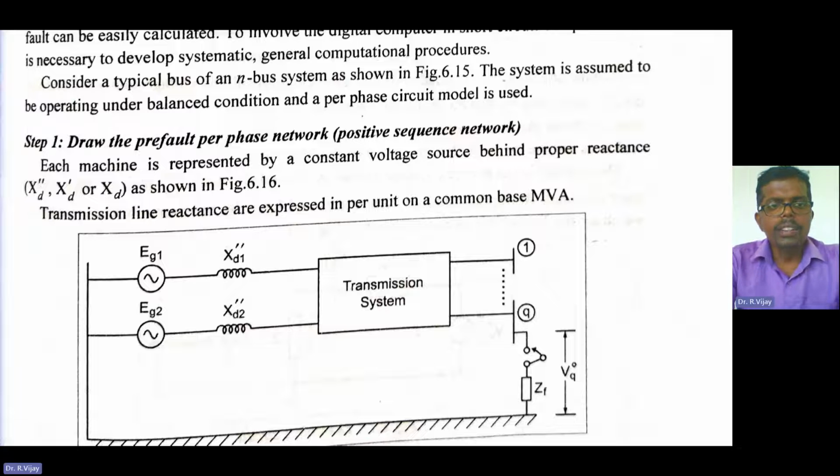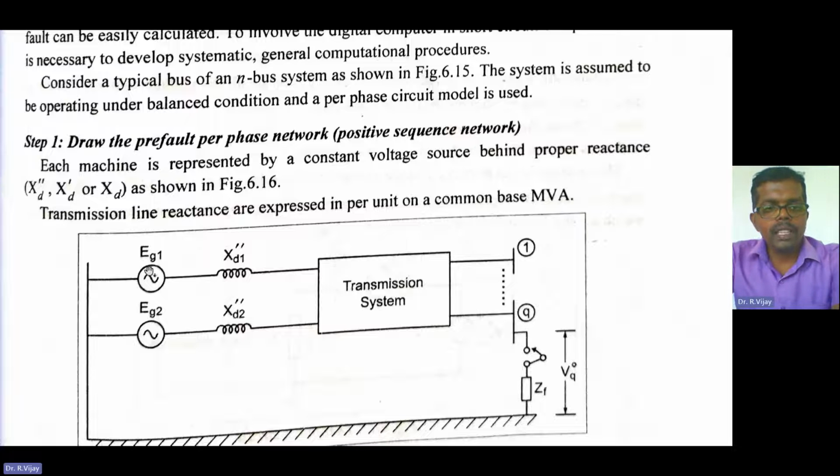First step, draw the prefault per phase network, that is the positive sequence network. In a power system, positive sequence, negative sequence, and zero sequence networks are there. Here, we are drawing the prefault per phase network using the positive sequence network. In this, each machine is represented by a constant voltage source behind a proper reactance.